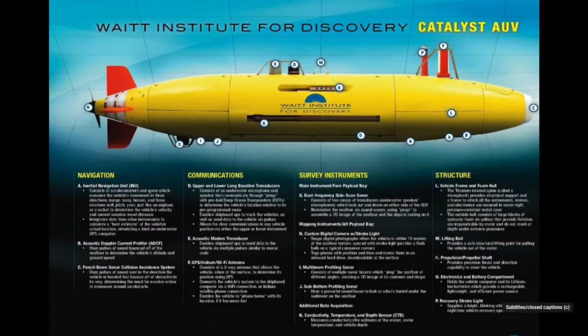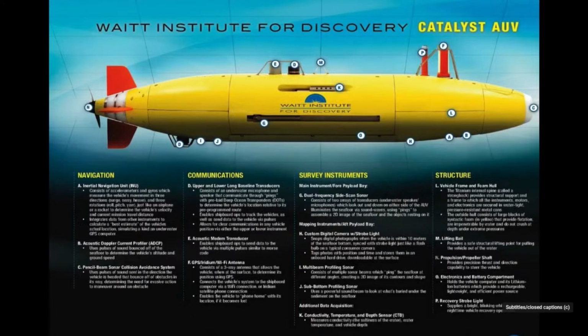So MBARI, which is the Monterey Bay Aquarium Research Institute, they use these because they can send this unit out to Mexico from the Bay Area, and it could go collect the data and come back. And it costs them, well, they pay the initial, and then it's really just electricity at that point. If they have a research vessel with scientists, full crew, they're paying hundreds of thousands of dollars. So this is a cost-saving mechanism. They can throw it in the ocean, it does its thing, comes back.